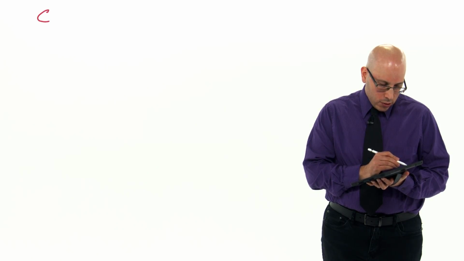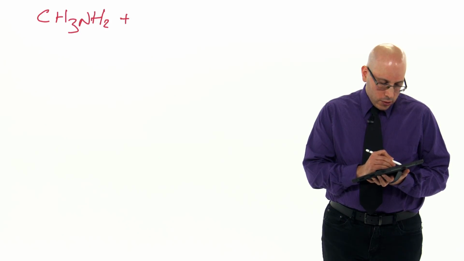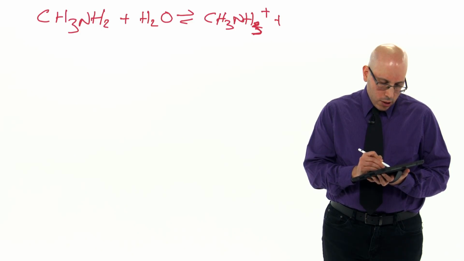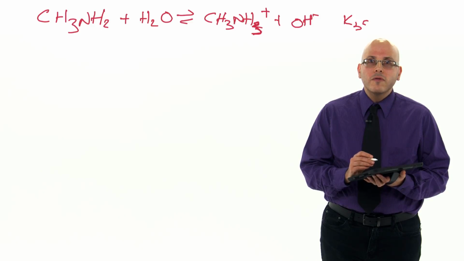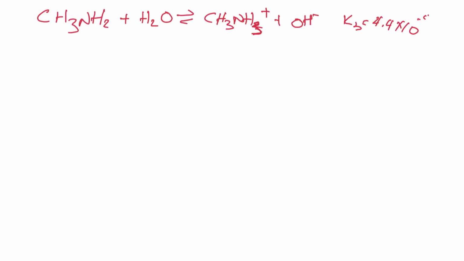Let's start with methylamine, CH3NH2, which is acting as a base, so it can react with water to form the methylammonium ion, CH3NH3+, and hydroxide ions. The Kb for this reaction is about 4.4 times 10 to the negative 4.